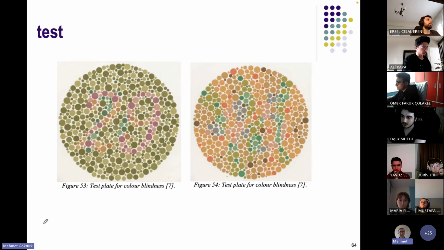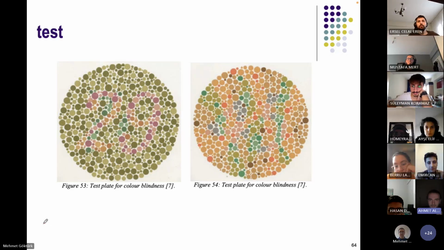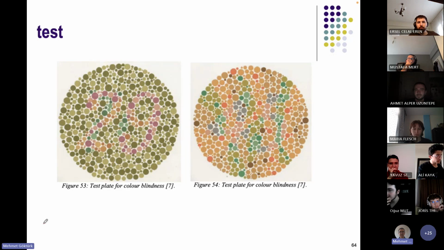29, Şeyma. On the right, I couldn't see the right side. Okay, so you shouldn't see anything on the right if you are not colorblind. So if you see something, then you are colorblind.